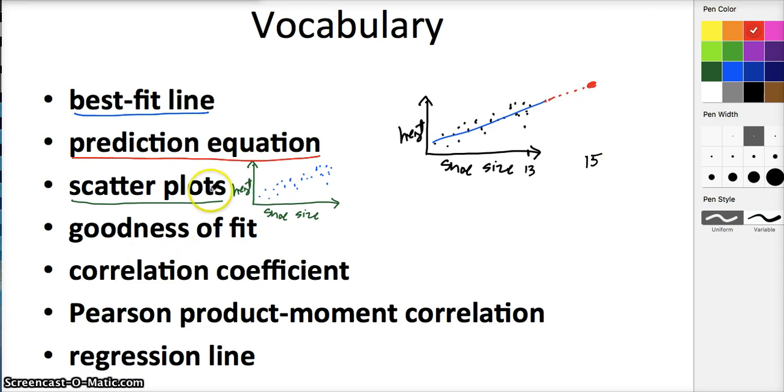So the goodness of fit, and I'm glad you asked, what is the goodness of fit? The fact of the matter is, when we deal with the line of best fit, some lines are not going to be as good as others. When I taught this years and years ago, when calculators were not as ubiquitous and easy to get a hold of, I would actually teach this with a piece of dry spaghetti, and we'd have the kids try to figure out the best place to place that line in the data.